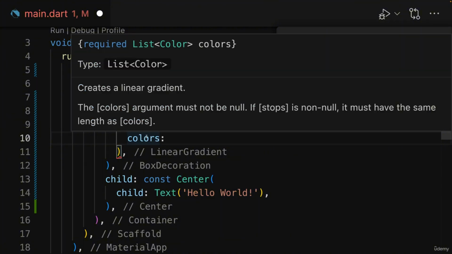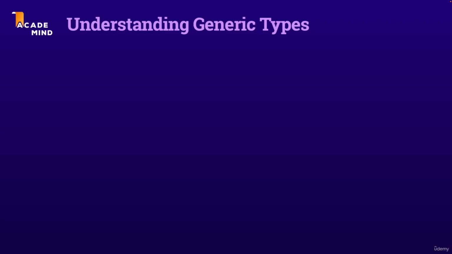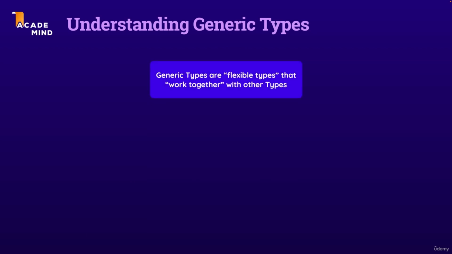Now these angle brackets which you see here in the type definition for this colors argument are some special Dart syntax which creates a so-called generic type. This is also something we'll see in greater detail throughout the course. But in the end, a generic type is simply a type that needs to work together with other types, but is flexible regarding which exact types can be provided.